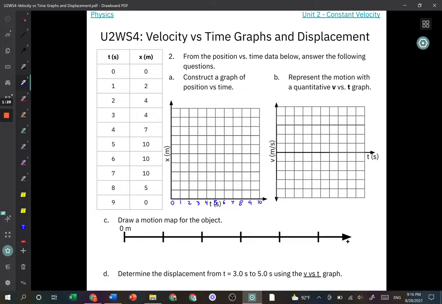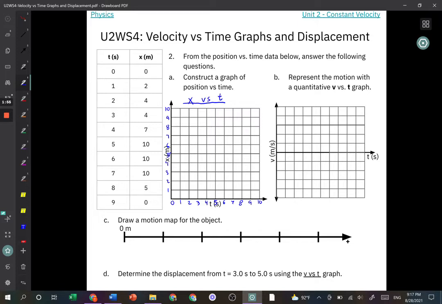Now this looks like it's going to be a square, so there's probably going to be 10 boxes going up as well. And my maximum position will be 10 meters, so I'll go up by increments of 1: 1 meter, 2 meters, 3, 4, 5, 6, 7, 8, 9, and 10. And then my title is going to be position versus time.